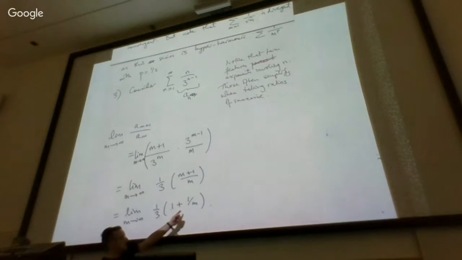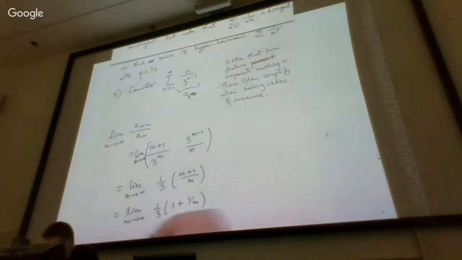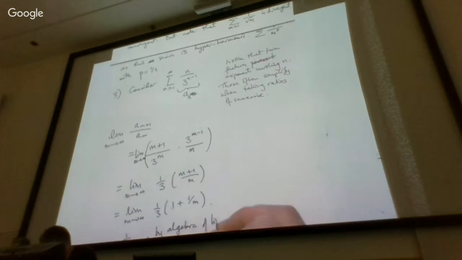This is a linear combination of convergent sequences: a constant term, and then this 1 over n term, which is converging to 0 as n goes to infinity. So the limit of this sequence we can evaluate as just being a third, by the algebra of limits theorem for sequences and the fact that 1 over n converges to 0 as n goes to infinity.